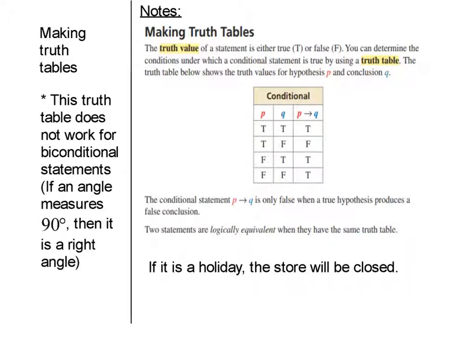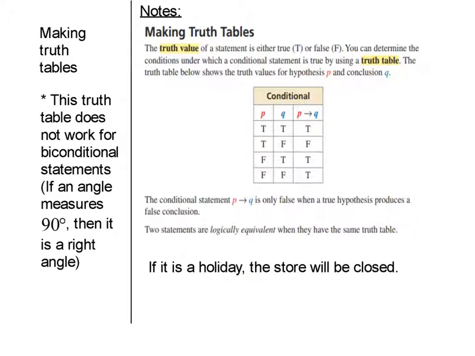We're going to look at a very simple conditional statement, an if-then statement. That's what a conditional statement is. If it is a holiday, then the store will be closed. Or if it is a holiday, the store will be closed. You have an implied then there. Now notice, on the last slide I said that that truth table is not going to work for a biconditional.